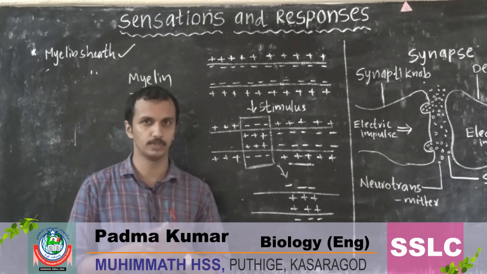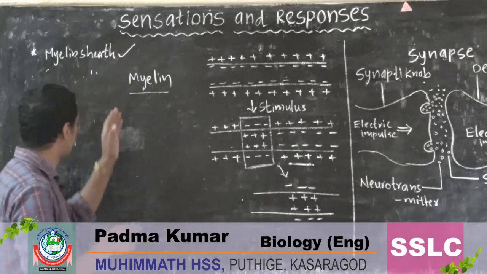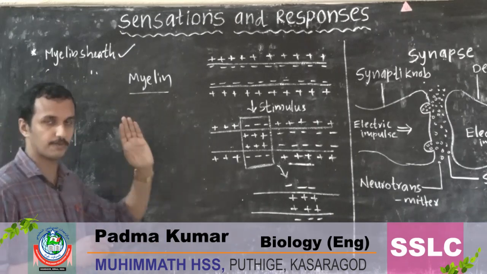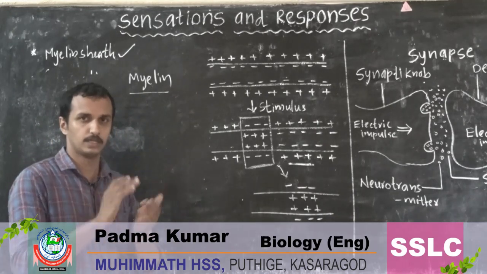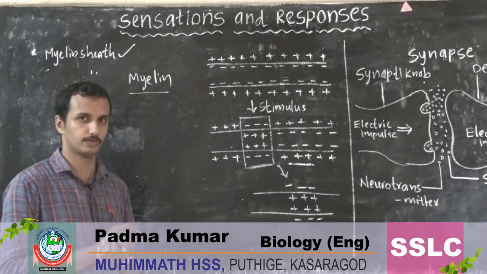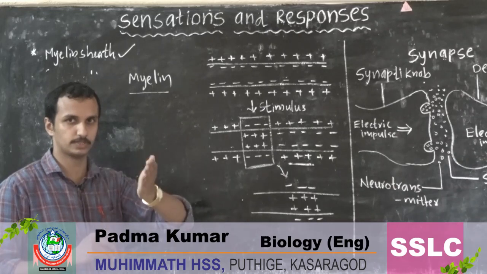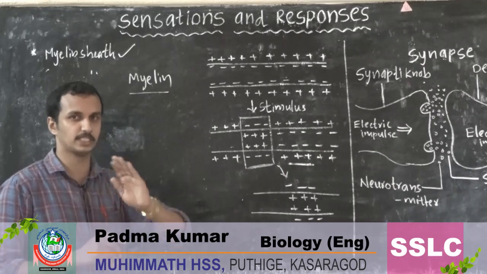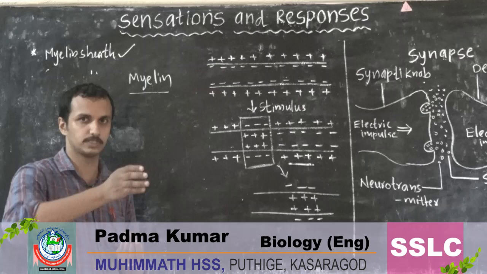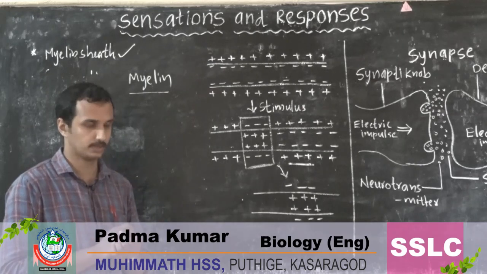Myelin is nothing but the covering of a neuron or nerve cell. It is also called a sheath because it acts like a sheath, completely surrounding the axon region of a neuron.